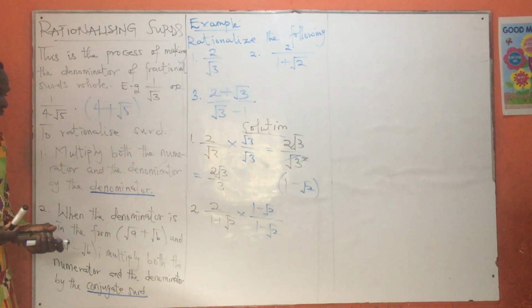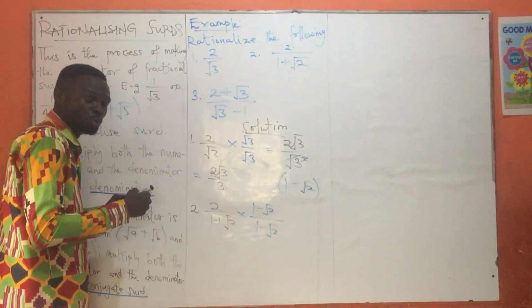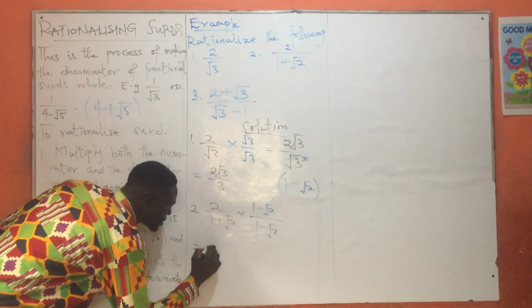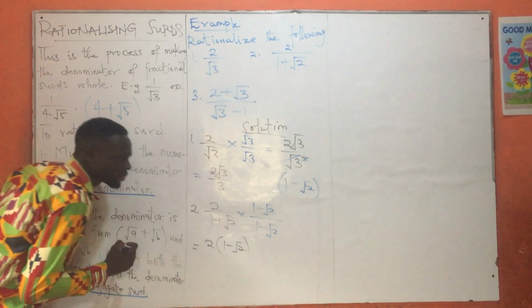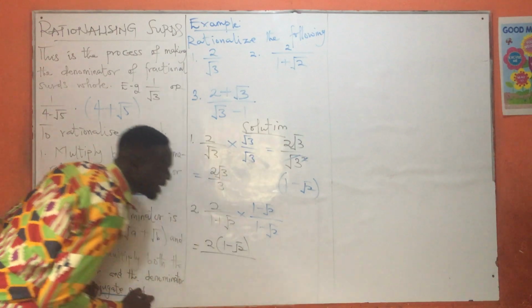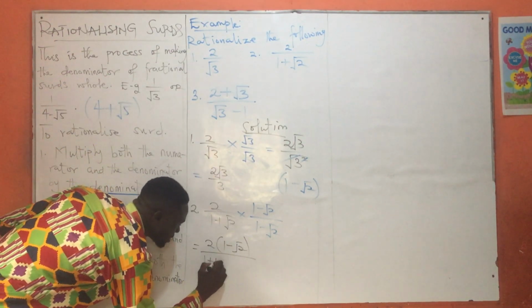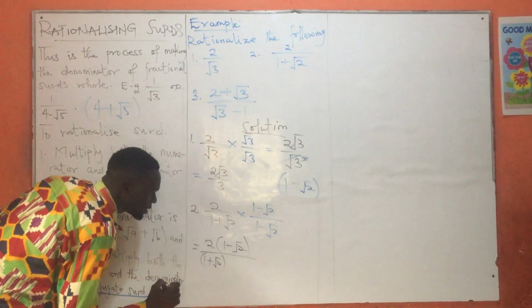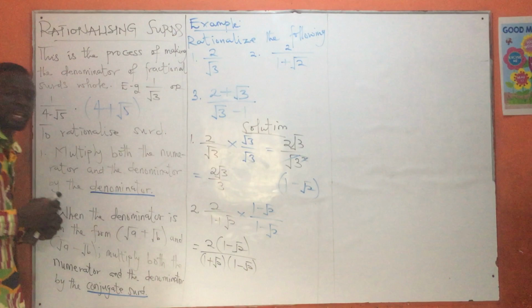Now 2 times 1 minus surd 2 can be written as 2 bracket of 1 minus surd 2, all over. This also can be written as 1 plus surd 2 in one bracket, then 1 minus surd 2 in another bracket.